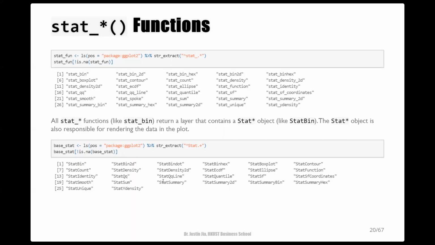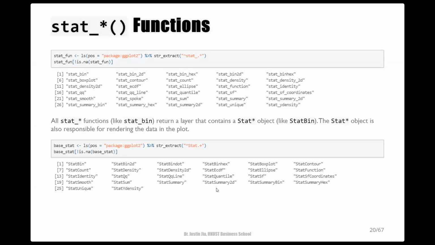ggplot2 also provides a number of stat functions to create a variety of statistical transformation objects. The first list gives a list of these stat functions, while the second list gives a list of statistical transformation objects. Like geoms, stats are also responsible for rendering plotting layers.